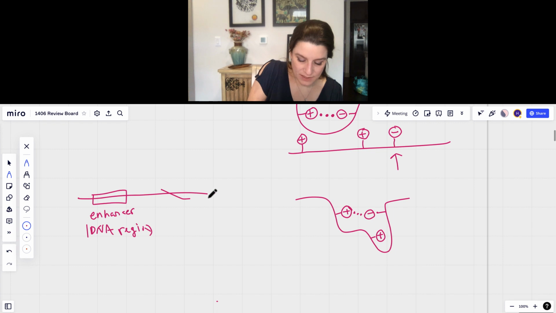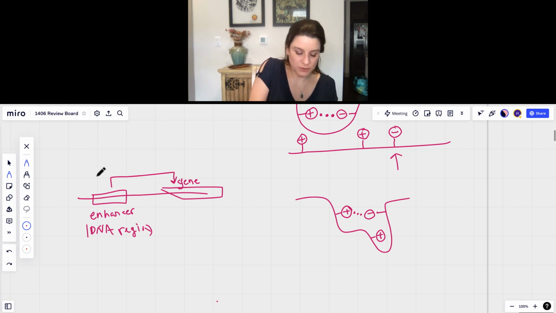The gene is down here. And this turns off or on the gene. Usually we're thinking about it turning on the gene, so it's regulating that gene. This is where the transcription factors bind that I was talking about before.